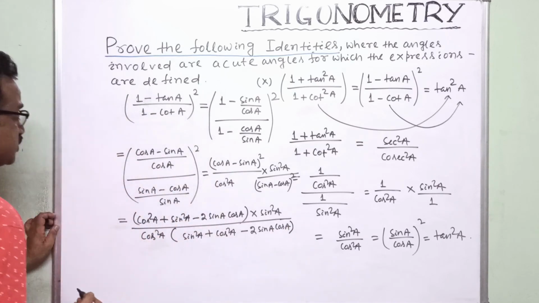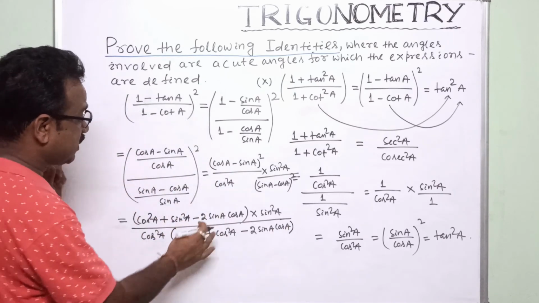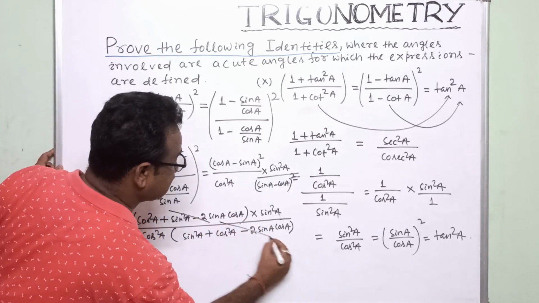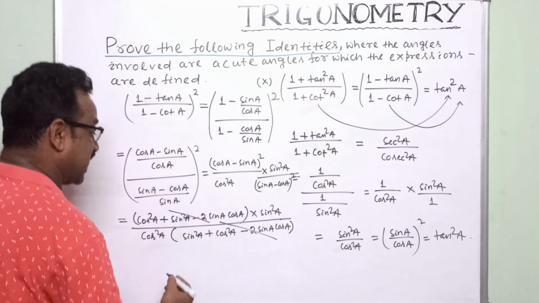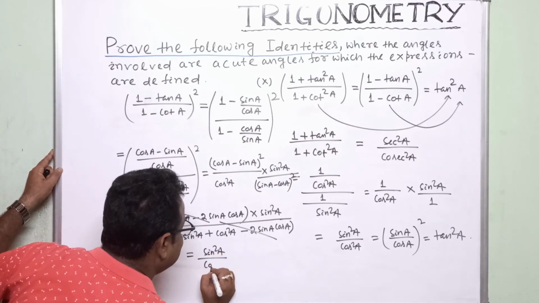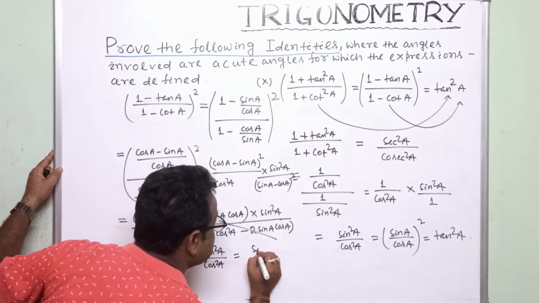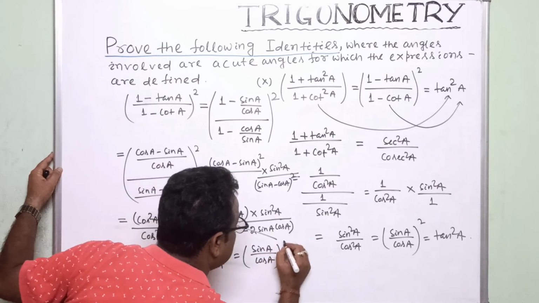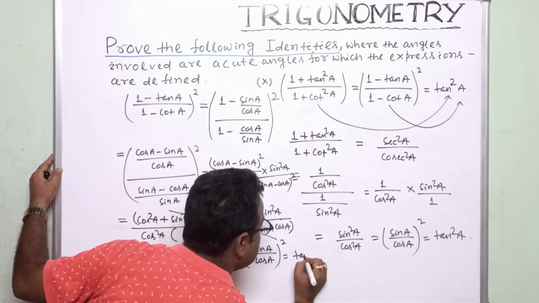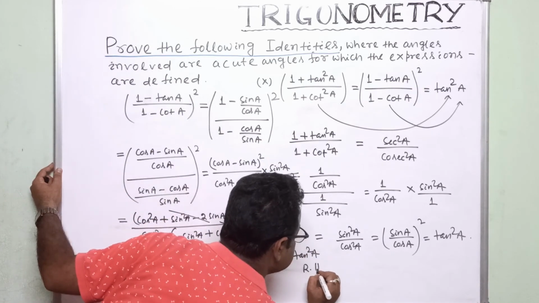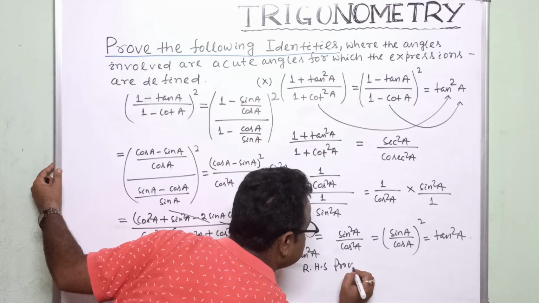So cos square A plus sin square A minus 2 sin A cos A and sin square A plus cos square A minus 2 sin A cos A will directly cancel, then we'll get sin square A by cos square A, which is equal to (sin A by cos A) whole square, which is equal to tan square A. So RHS proved.